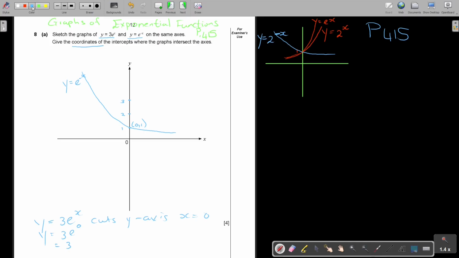So this one will basically be like this, and just look at the shape. I don't even think it's necessary to put an arrow there. So it's y equals 3e to the power of x, and that coordinate is 0 and 3.